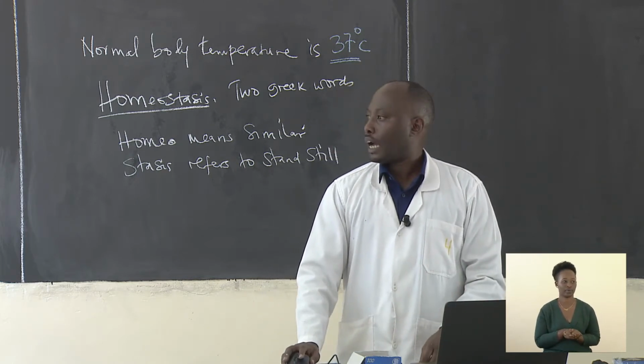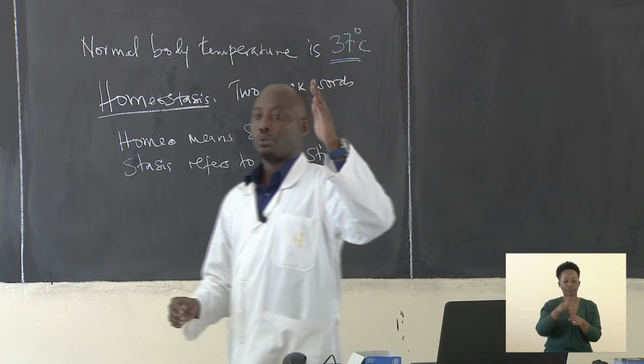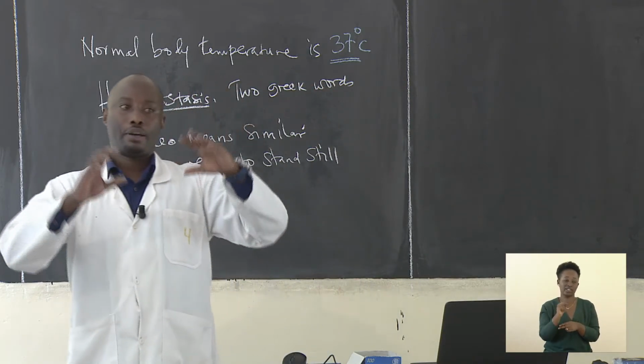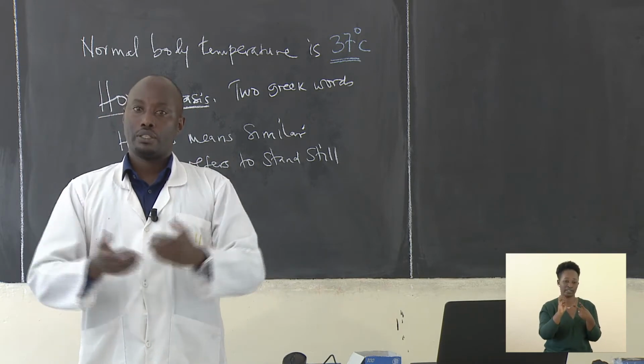I talked about 90% of the cells in the epidermis being keratinocytes, named because they produce a tough fibrous protein called keratin. As I mentioned earlier, we have two types of proteins: fibrous proteins and globular proteins.